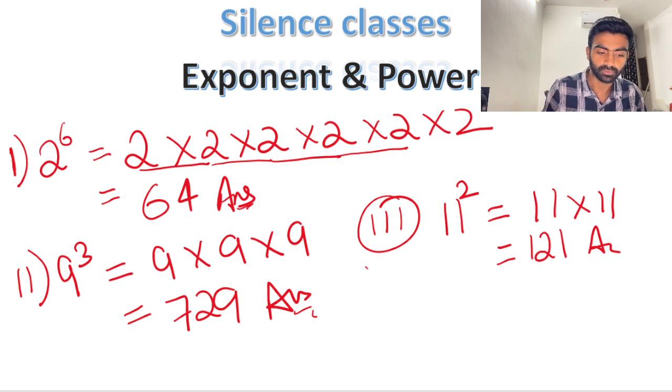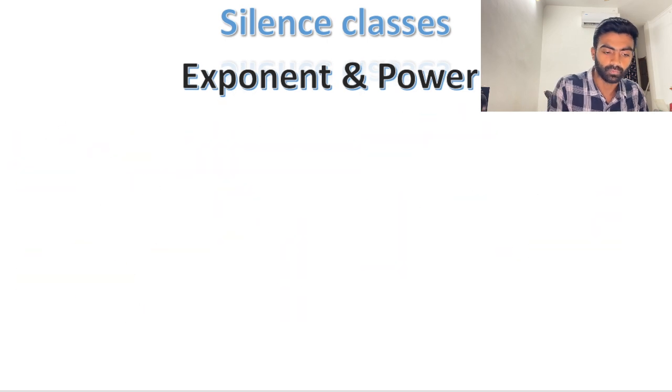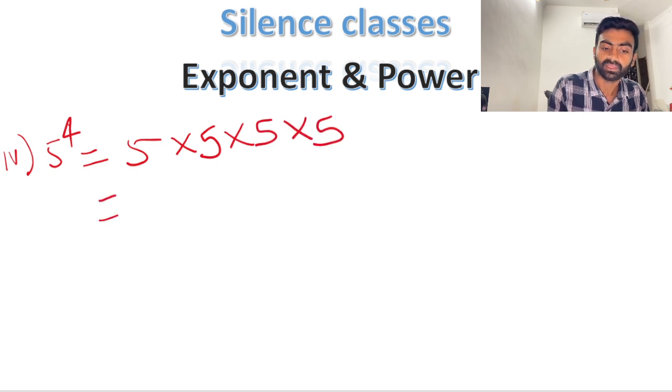Now what is question number 4 saying? Let's check it out. Question number 4 is saying 5 to the power 4. 5 to the power 4 means we have to write 5 how many times? 4 times. Very good. 5 multiplied by 5 multiplied by 5 multiplied by 5. 5 fives are 25, so I can write it like this, multiplied by 25.